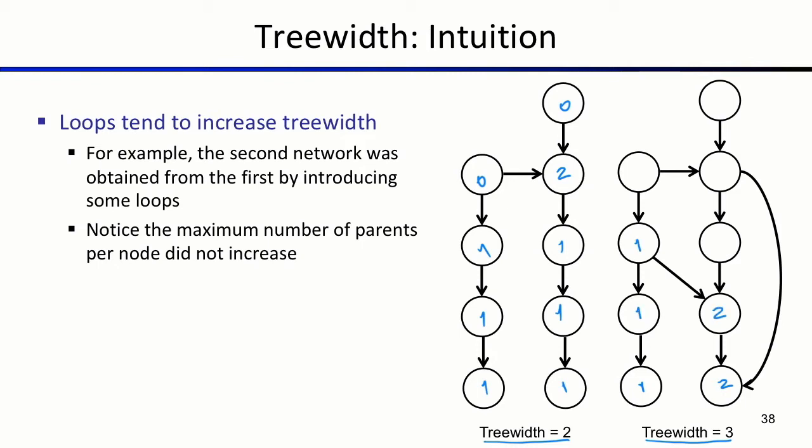Here we have 1, 1, 0 here, 2 here, and 0. So if we look at the maximum number of parents per node, this continues to be 2 for both networks. But because we introduced some loops, the tree width of the right network is 3 and the left one is still 2. Let's continue looking at a few more examples.